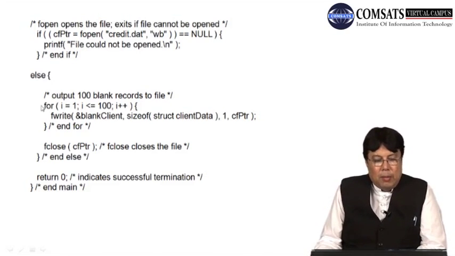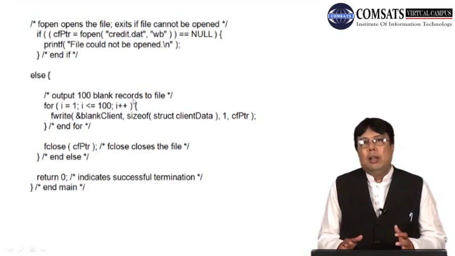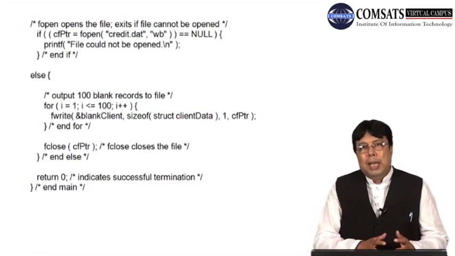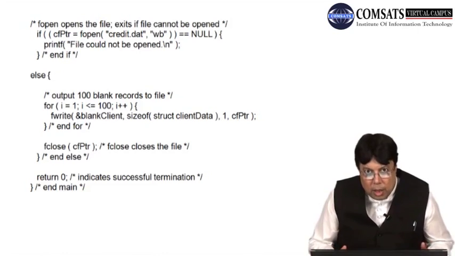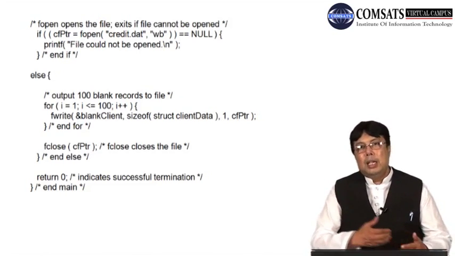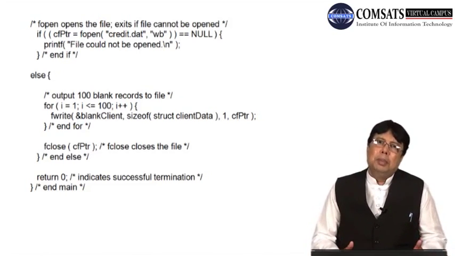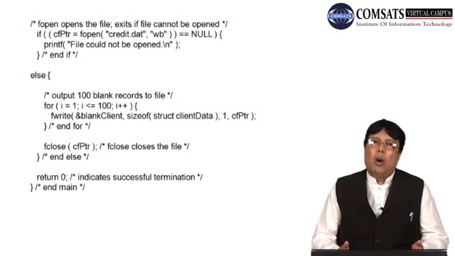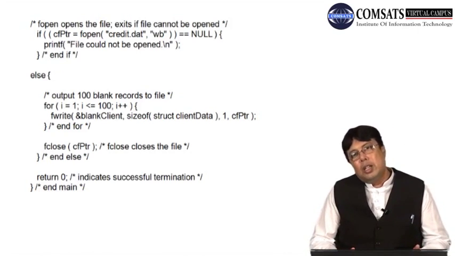Now this is something very interesting. For i equal to 1, i less than or equal to 100, i plus plus, we are outputting 100 blank records. So basically we are creating a blank structure of 100 records, and that will be a blank file. But this blank file will be a template, a complete template of 100 records. The difference is that each and every record has been initialized to 0 value, but the structure is created.